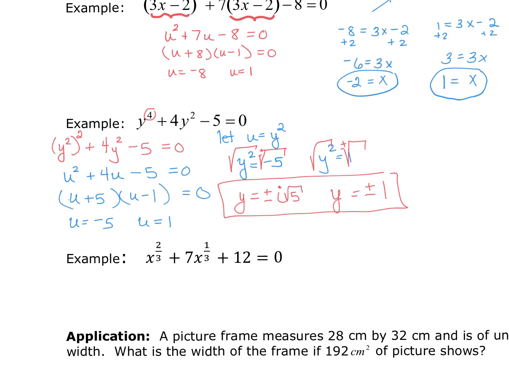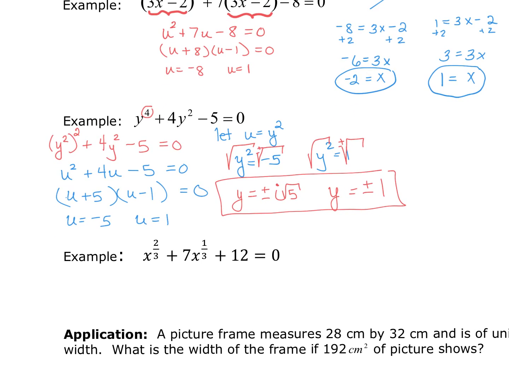All right, as our last example of an equation quadratic in form, let's look at one with some rational exponents. So in this case, what we see is that x to the 2/3 is really x to the 1/3 squared plus 7x to the 1/3 plus 12 equals 0. So I am going to, and I have to say it, I'm going to let u equal x to the 1/3.